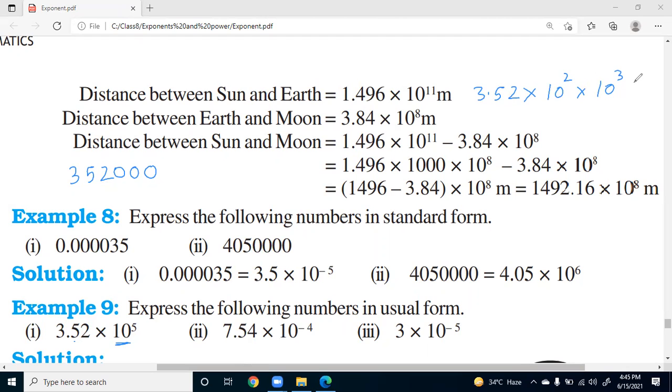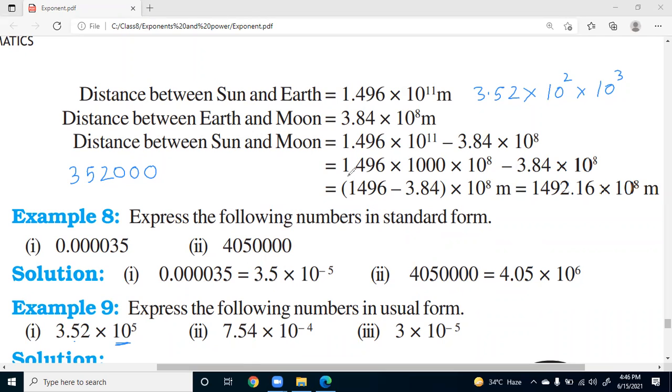Is it okay? Because see, base is 10 and the operation is multiplication, then powers will get added, 2 plus 3, so that is making 5.